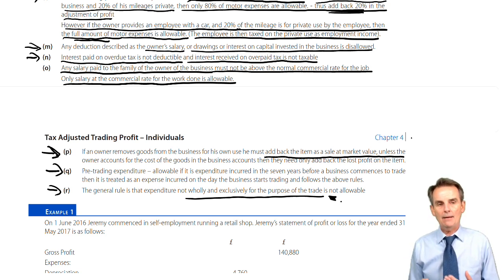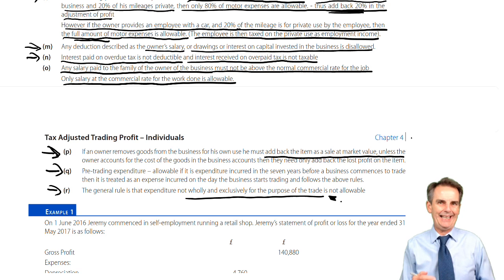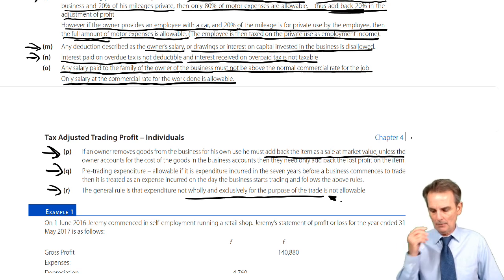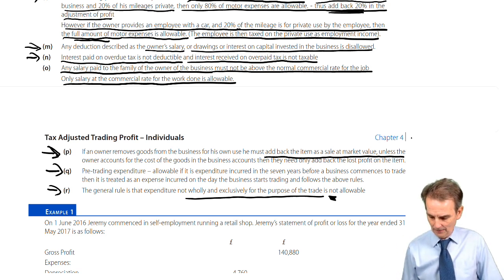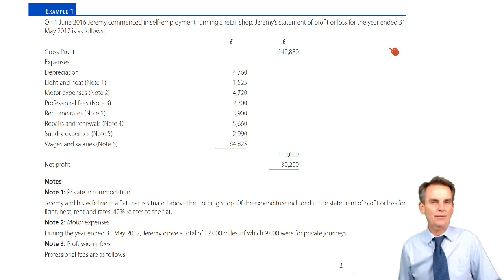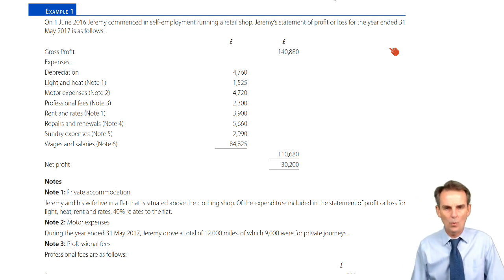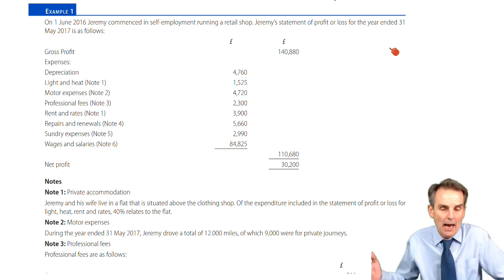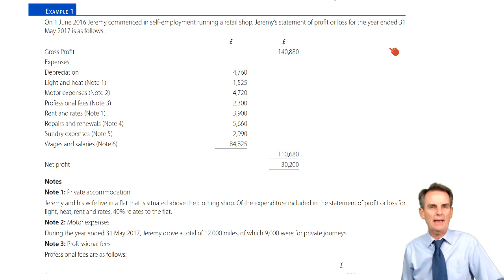Okay. Now, you'll need time and practice here to get to grips with these items, but it is the case that in every examination, whether as a written question in Section C or as an objective testing question, some marks, don't know how many, but some marks will be available in relation to adjustment of profits.